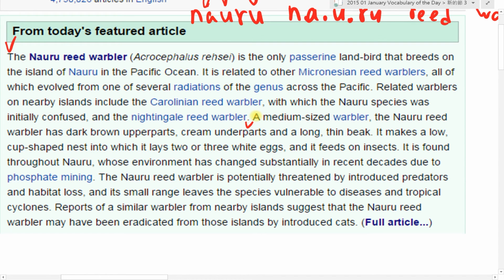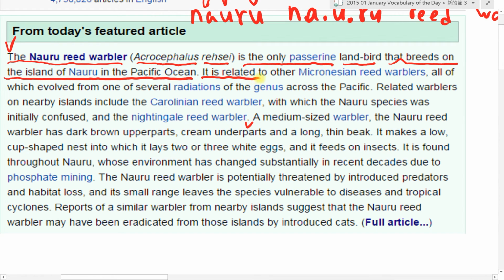好的，那跟老师再来慢慢念一遍。The Nauru reed warbler, Acrocephalus rehsei, is the only passerine land bird that breeds on the islands of Nauru in the Pacific Ocean.